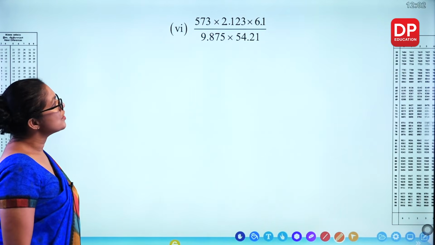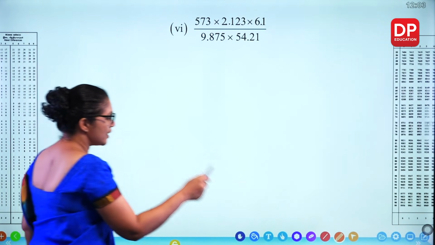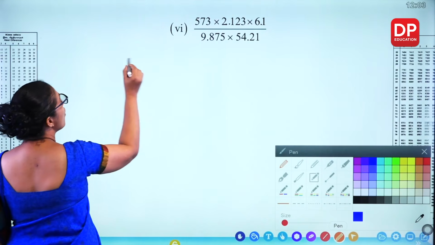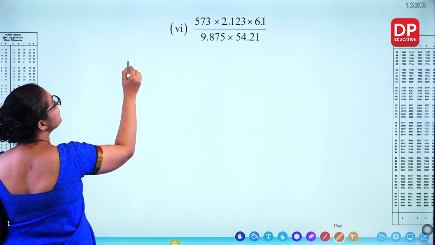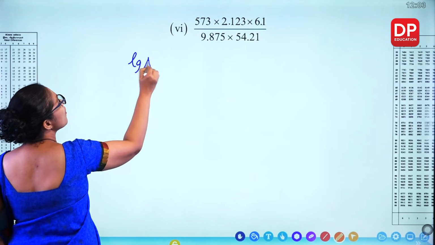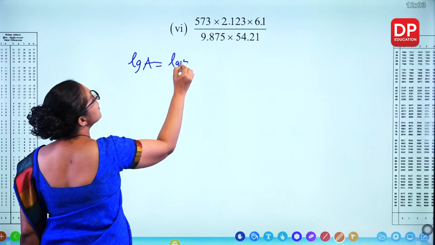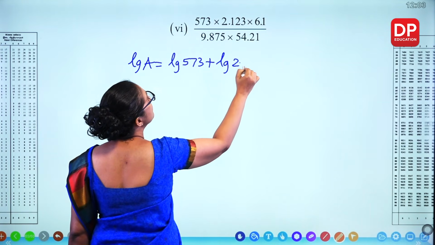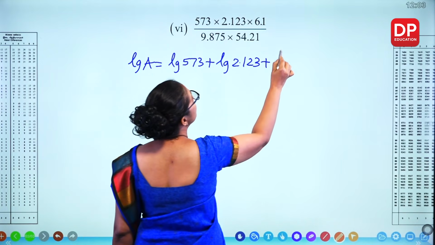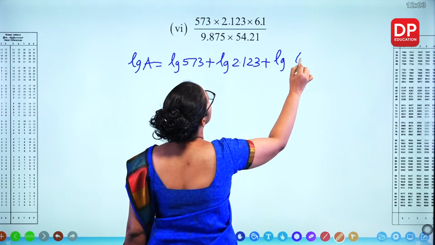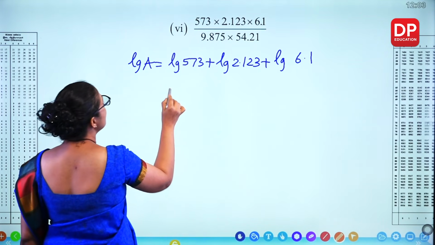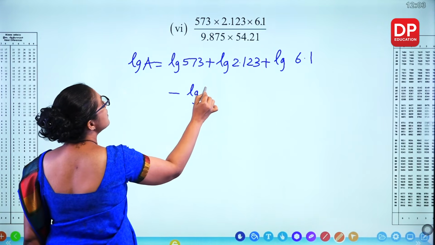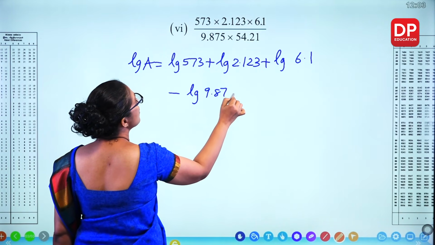The last question. So again we need to use logarithms. We can add the numerator values with logs. And subtract the denominator values with logs.